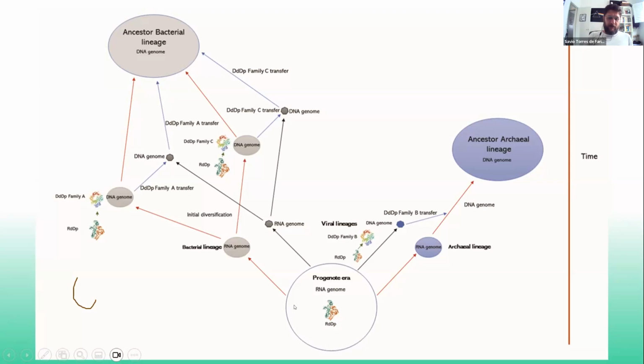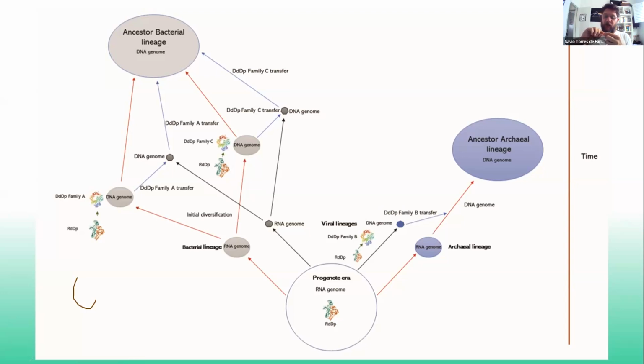Part of this biological system encapsulated to form the bacterial lineage. In both cases, the genome was composed of RNA, and the archaeal lineage received directly and structured the family B DNA polymerases.